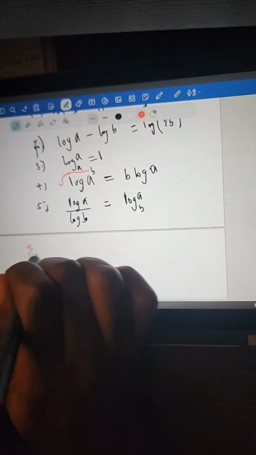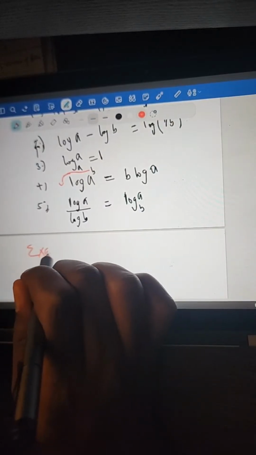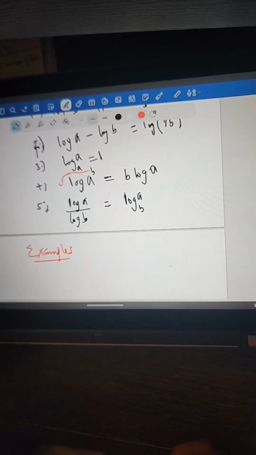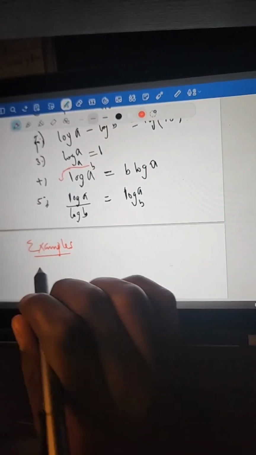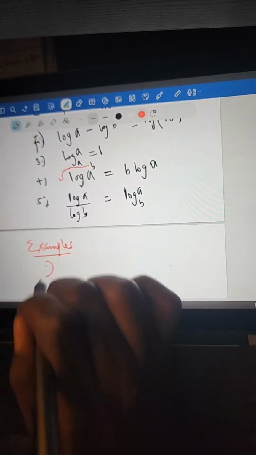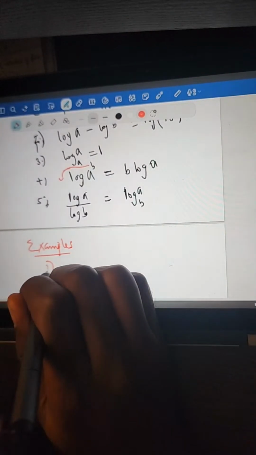Now, here I have examples. So I'm going to be using these laws in this example. Example number 1. And I want you to stay with me because we're going to do this together.